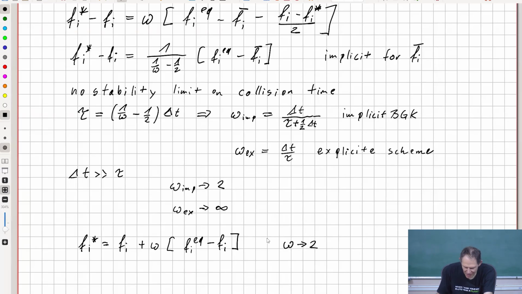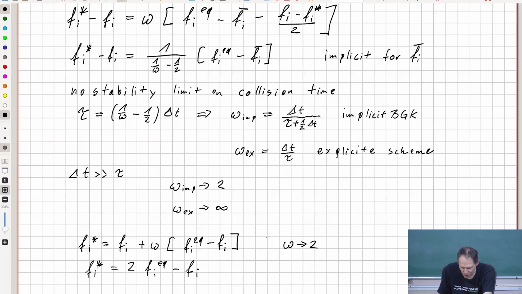I've already told you what this is, but now we can plug it in and see. You get the post-collision is twice the equilibrium minus once the pre-collision.